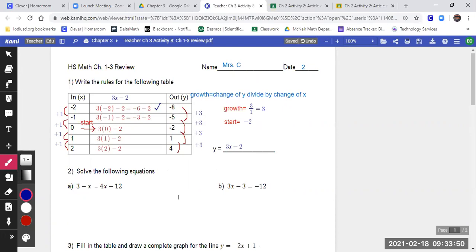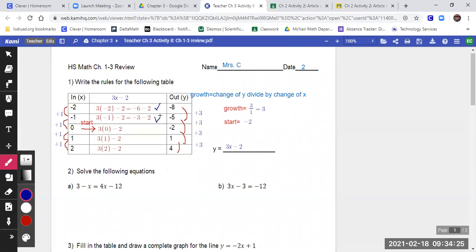That -3 minus 2 more makes -5? You guys tell me. Is -3 minus 2 more a -5? Is that true? Yes. Okay, so that one checked.